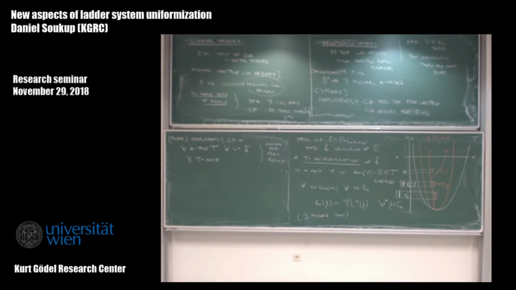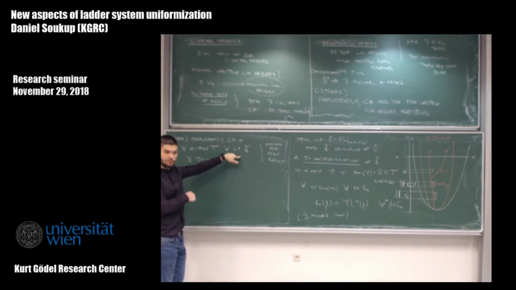Okay, so how did I get here? Oh yeah, last remark. This should at least surprise you a bit. CH and the weak diamond was always enough to produce a ladder system without the usual uniformization, right? For any ladder system, there is a coloring which doesn't have a uniformization on omega 1.